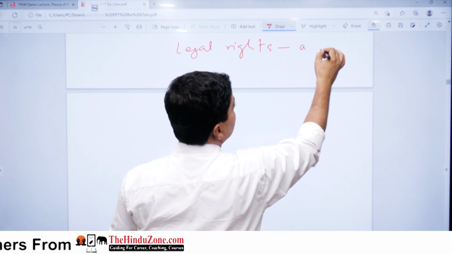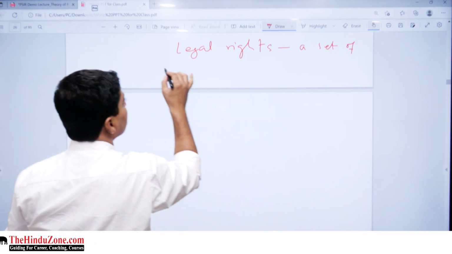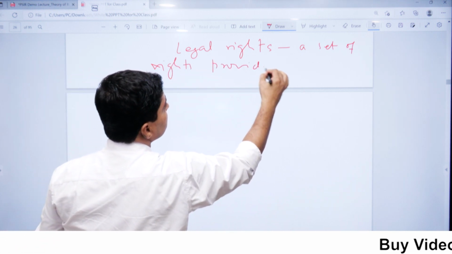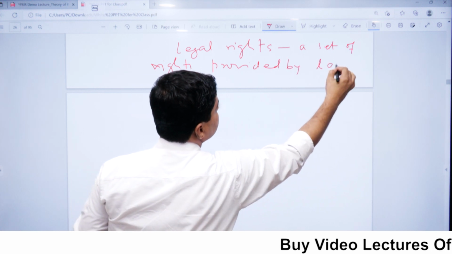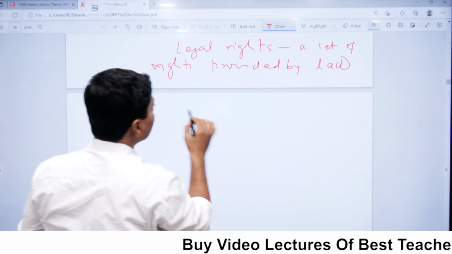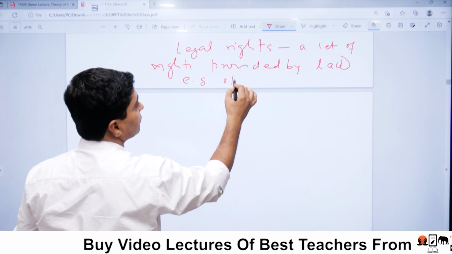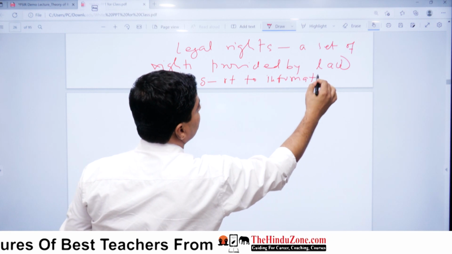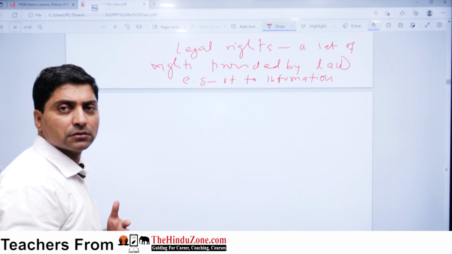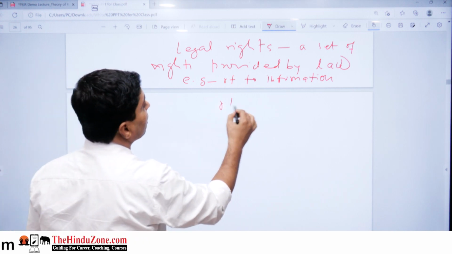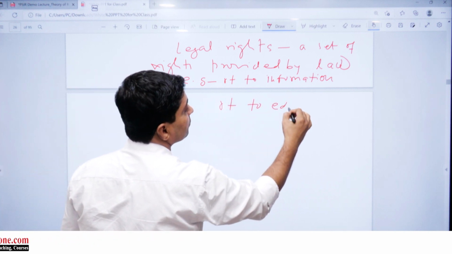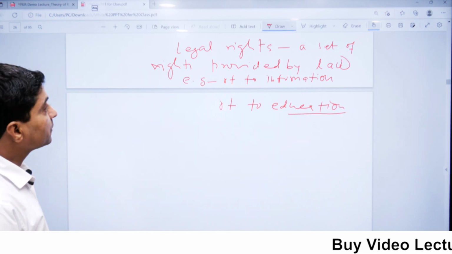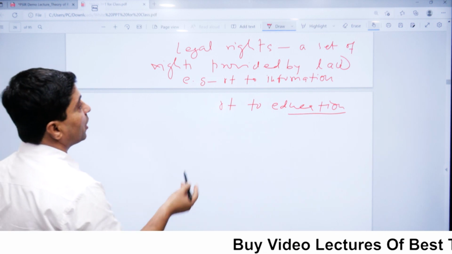Legal rights are a set of rights provided by law. For example, right to information is a legal right. Right to education is a legal right. Now come to understand what is a fundamental right.